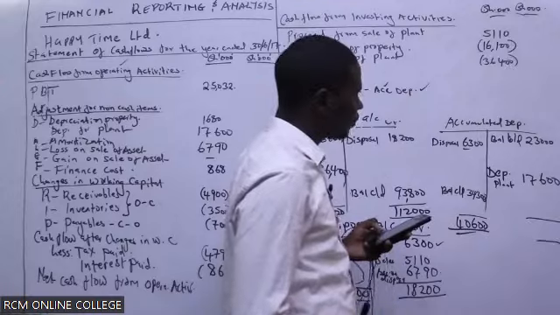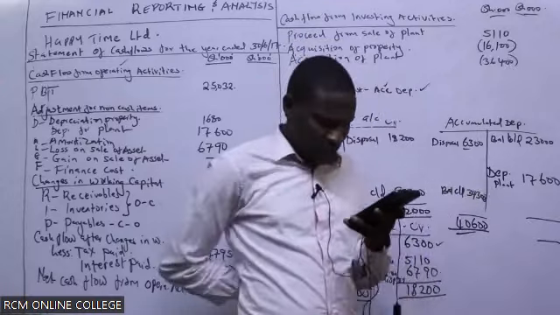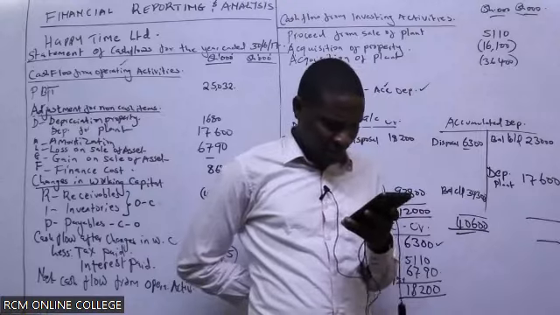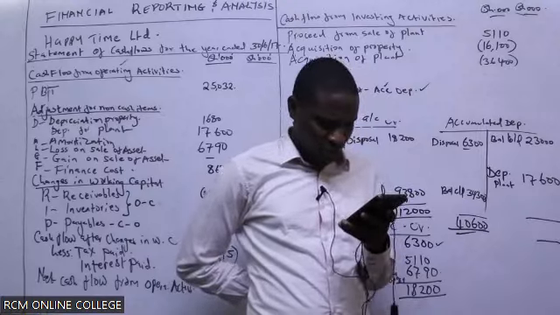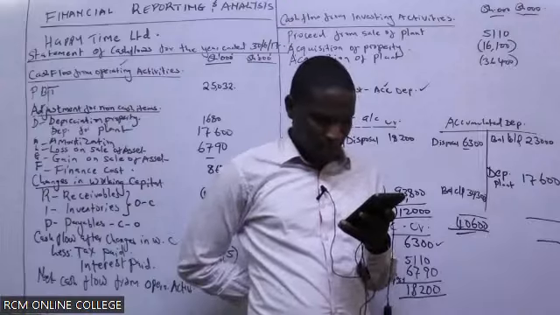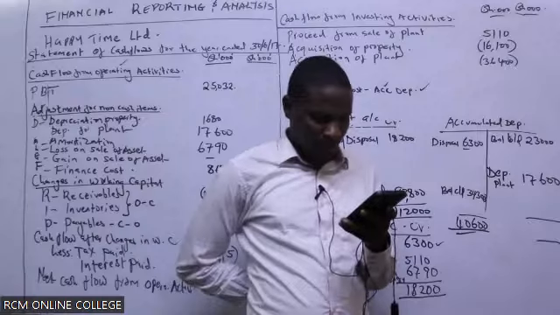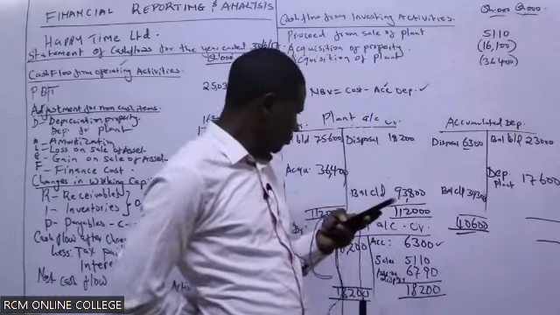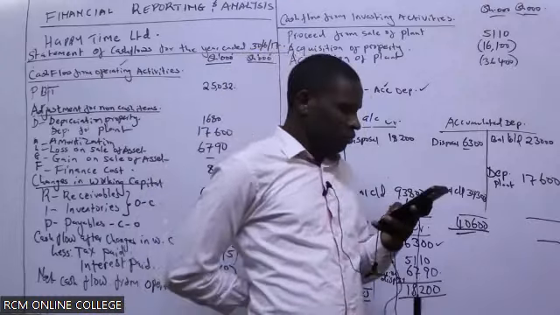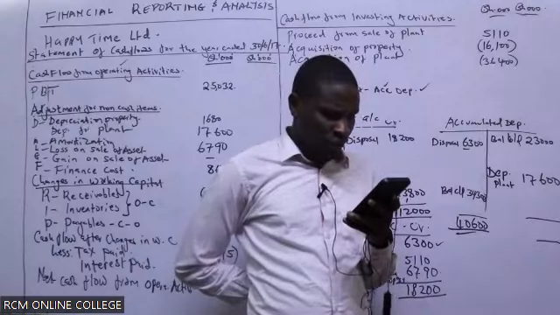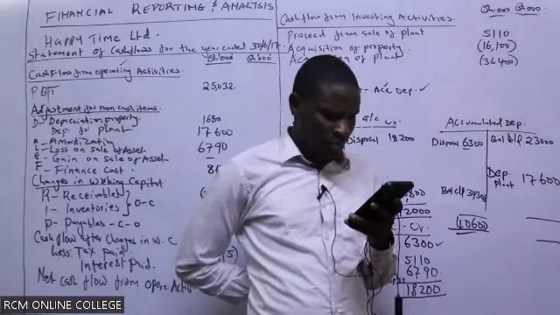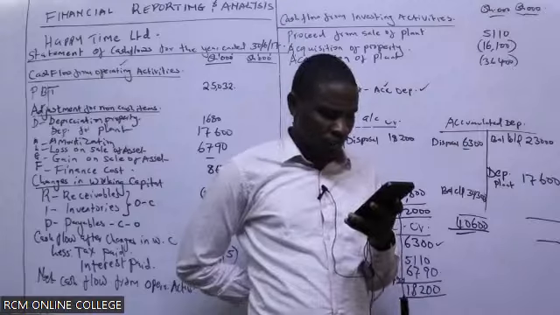So I'm checking. Just check whether we had any other item affecting our accumulated depreciation, the accumulated depreciation of plant. Let me check the additional information, share premium, accumulated profit.